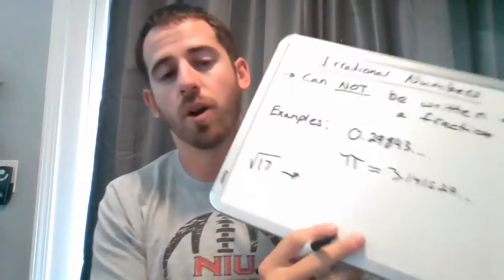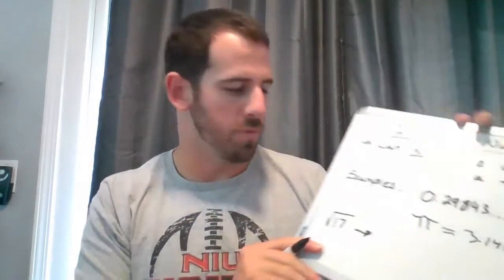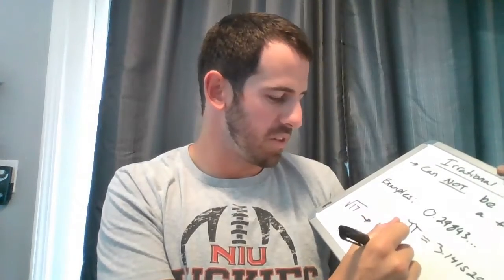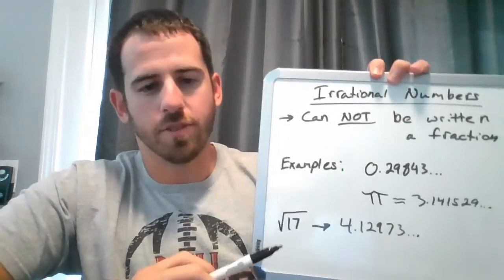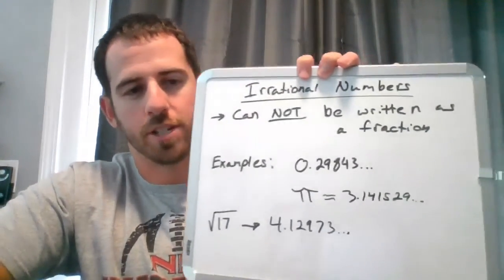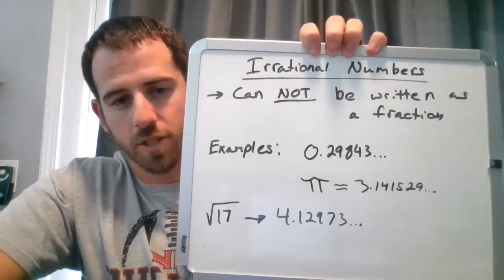Like, let's say, you know that the square root of 16 is 4, so let's say we had the square root of 17. Okay, this is actually part of the next section, but the square root of 17 you don't know. It's really like 4.12973. I'm making up numbers really, and it goes on forever. So if it's not a perfect square, you don't know it. Therefore it cannot be written as a fraction, and these are your irrational numbers. Again, pause the video if you need to.